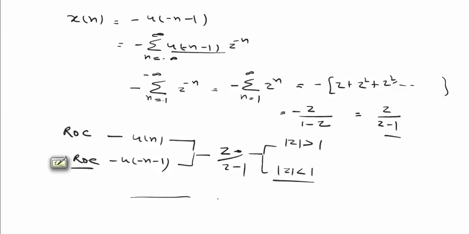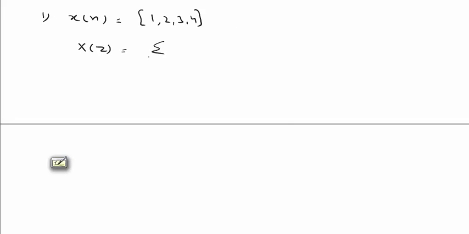Now we will discuss the Z transform of some finite discrete sequences. First example, x n equals 1 2 3 4. We want to calculate the Z transform of this, X z, by putting into the formula, sum from minus infinite to infinite of x n z minus n.